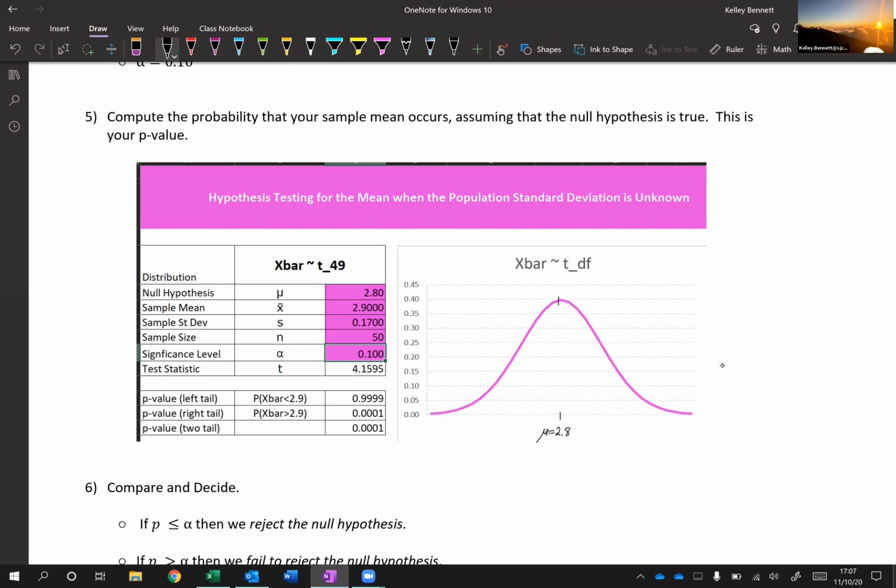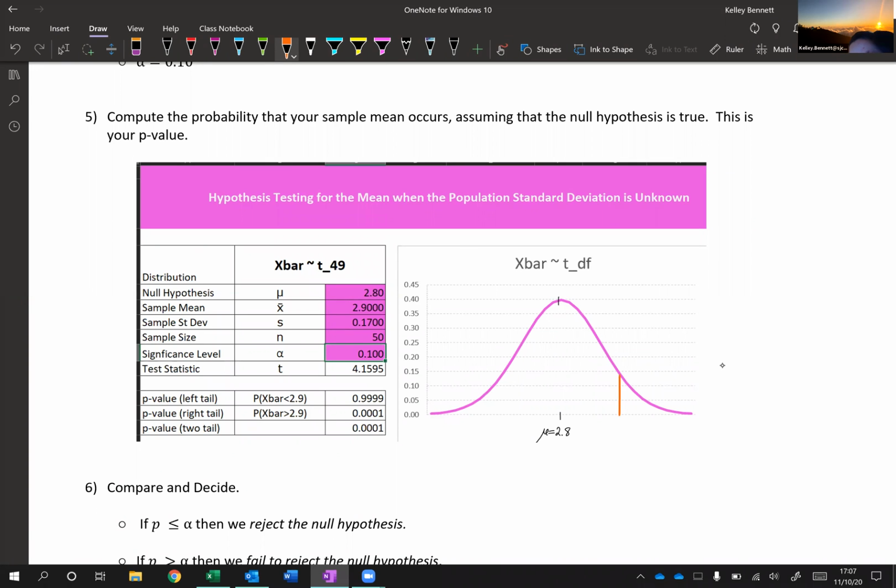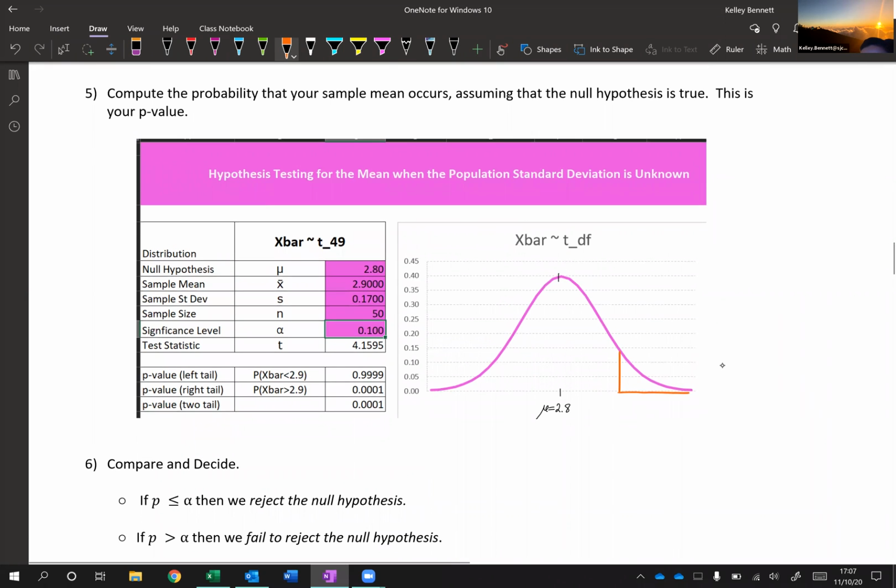So we're doing a right-tailed test, so basically we're going to have 10% of area on the right. This is our rejection region. The area equals alpha, and it equals 0.1. So the whole area of this right tail is equal to 0.1.